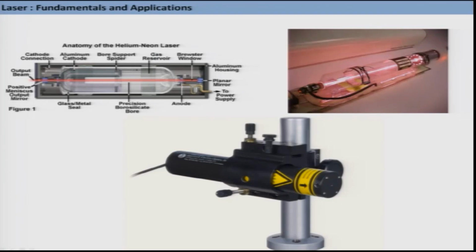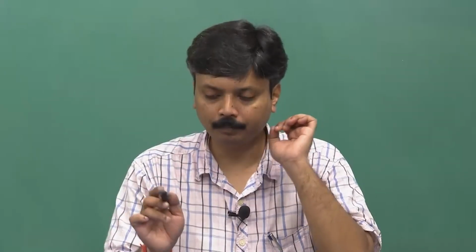Due to this discharge you get laser emission, which is shown by this red line, and you have a plane mirror here and an output beam here. So you get an output through this one. This is the overall geometry, and this whole tube which contains the gas must be sealed well, otherwise your laser properties will degrade in no time.